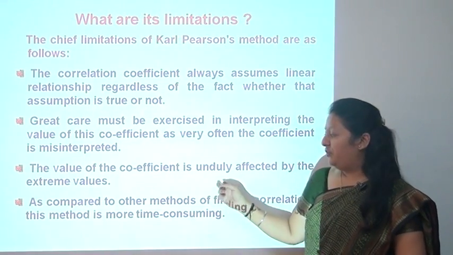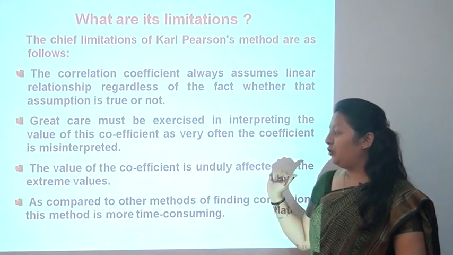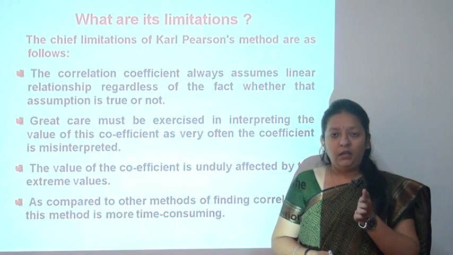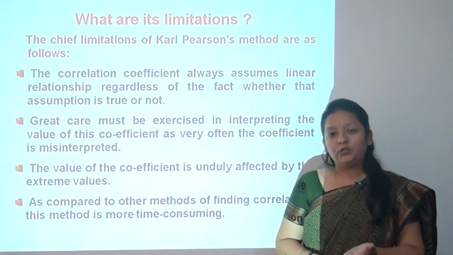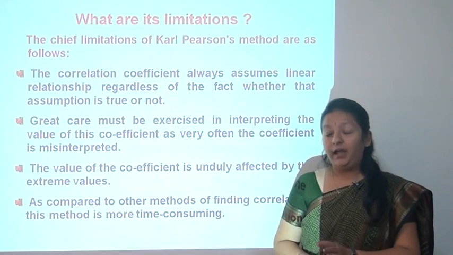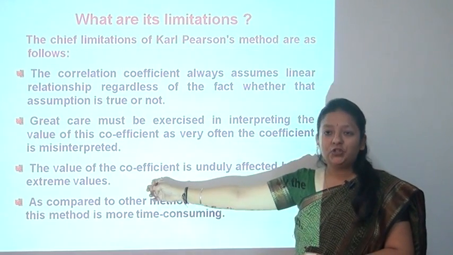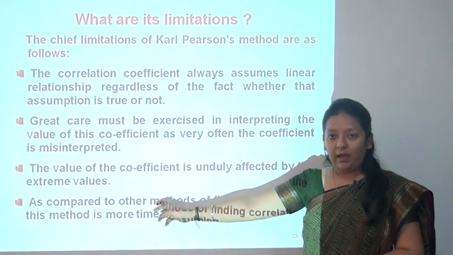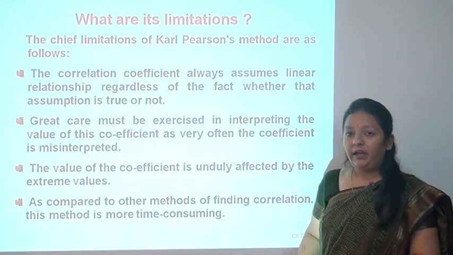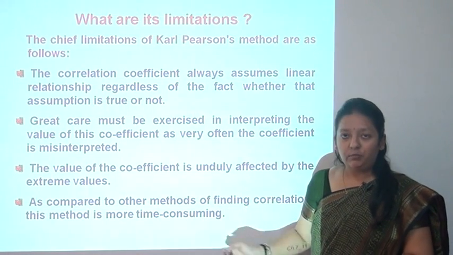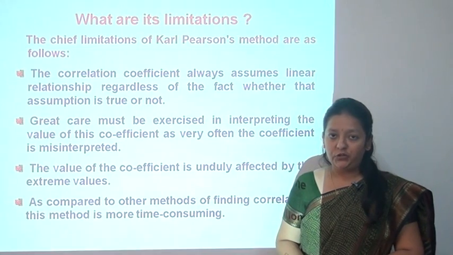The value of the coefficient is unduly affected by extreme values. By adding any larger or smaller value into the variable x or y, it may lead to a change in the value of the correlation coefficient. As compared to other methods, it is also quite time consuming.